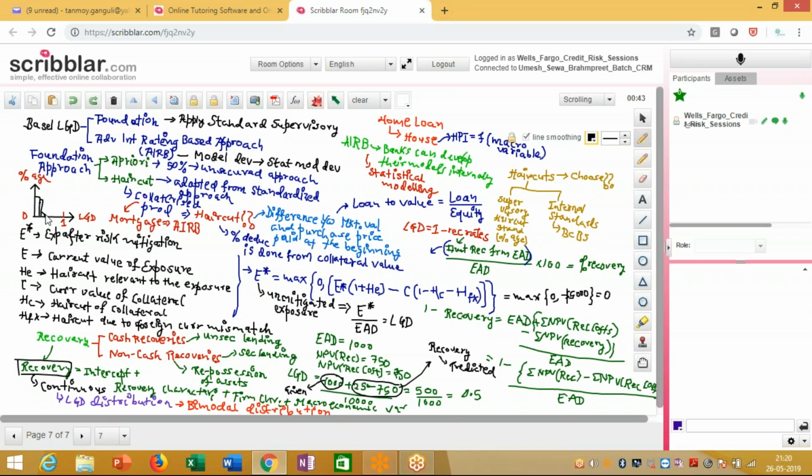Intermediate recovery has a very low frequency, and here again you have a large frequency.